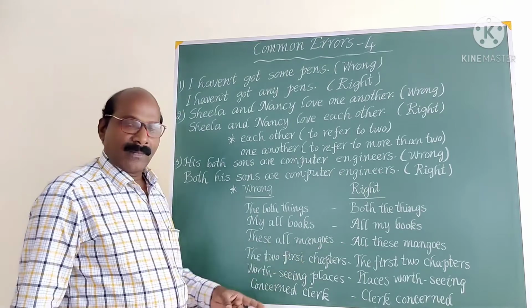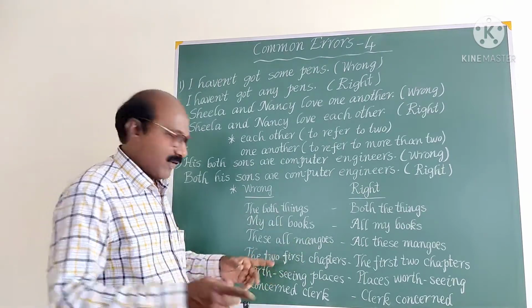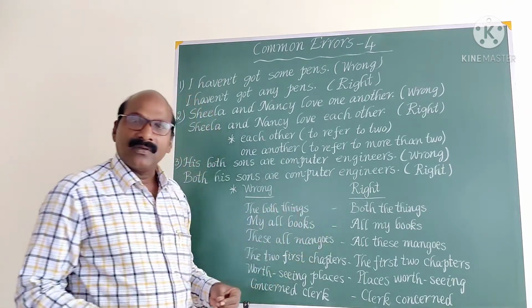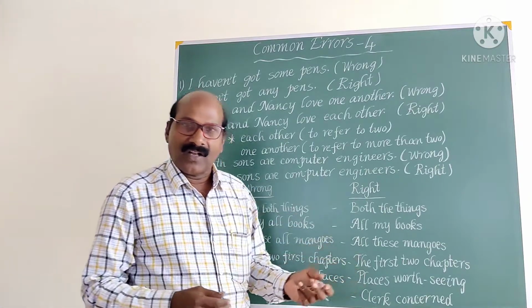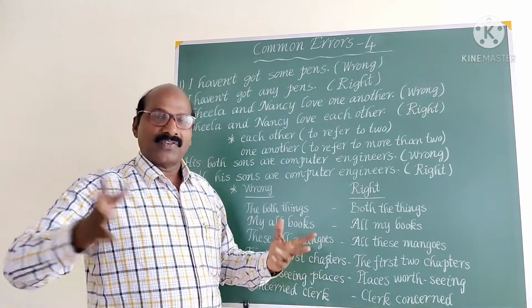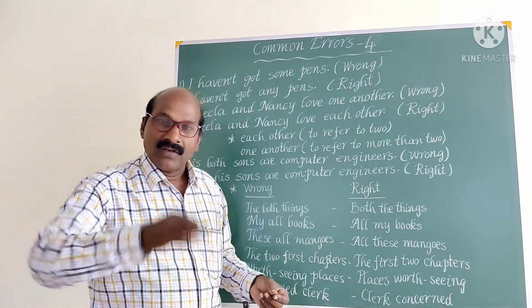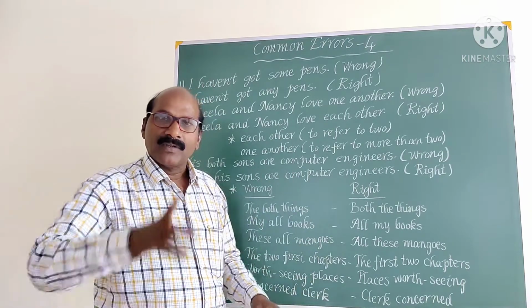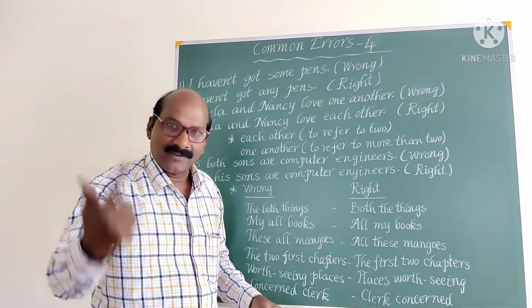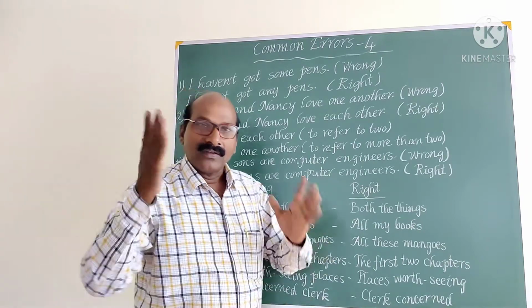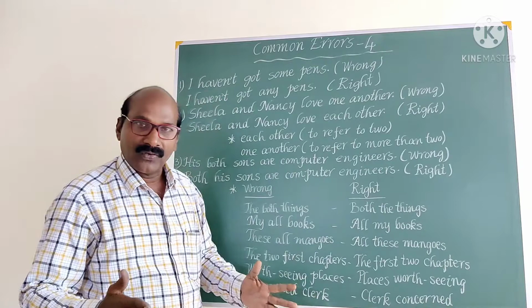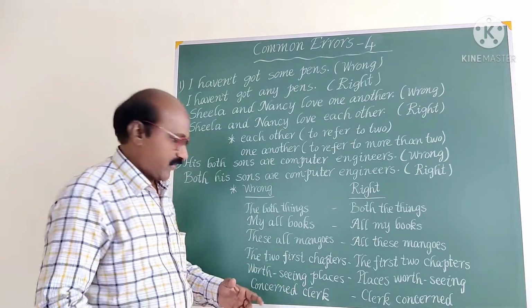The two first chapters, it's a wrong expression. The first two chapters. There are many people who make this error. The three first chapters are very interesting. Never say like that. The first three, first always comes first. The first two chapters, the first three, the first four, the first five, the first 10 chapters. Like that only we have to say.